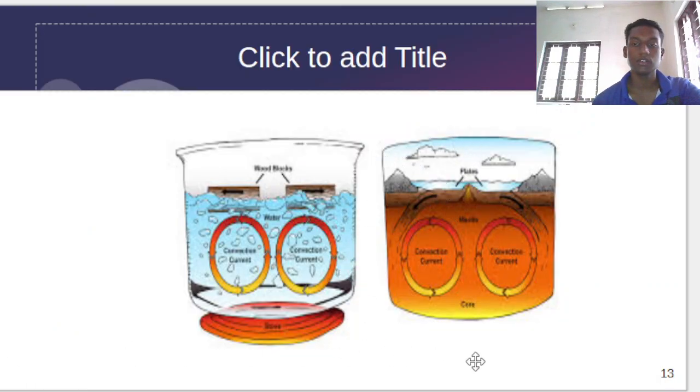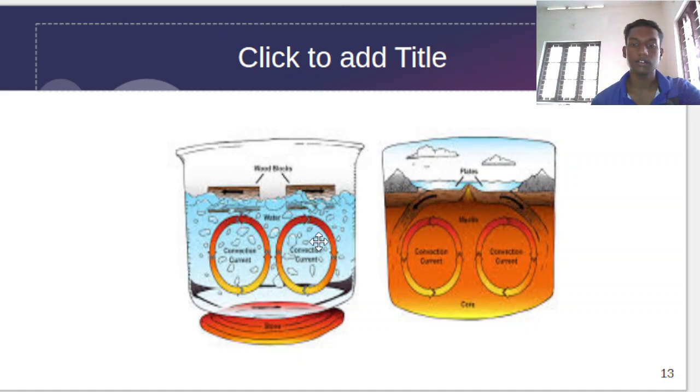For example, here you can see the movement of tectonic plates, which is caused by the similar convection current. The magma near to the core is more hot than the magma above it, so it begins to form a current, and these convection currents are so strong that they can even move the lithospheric plates.